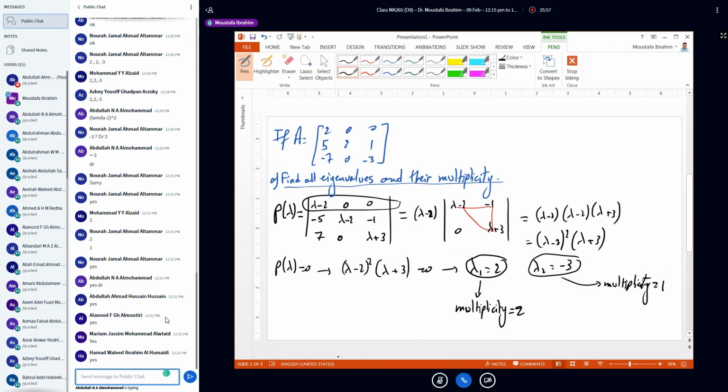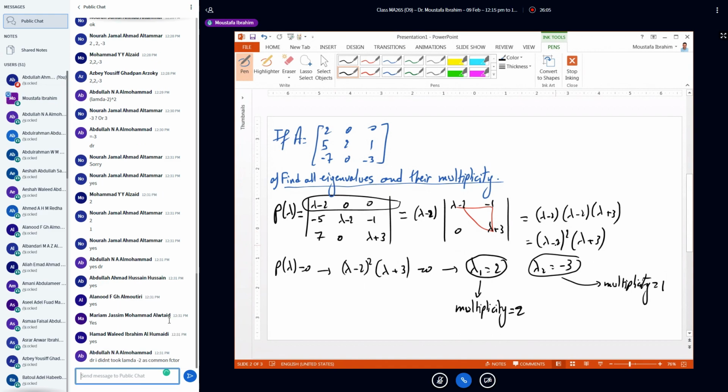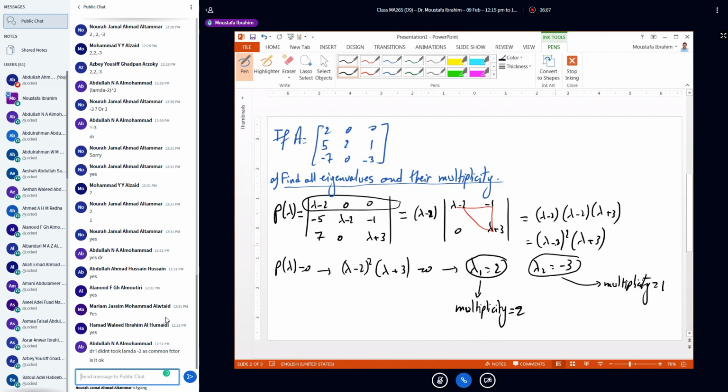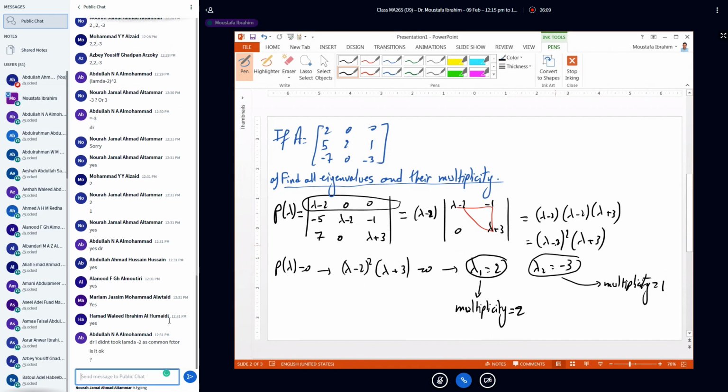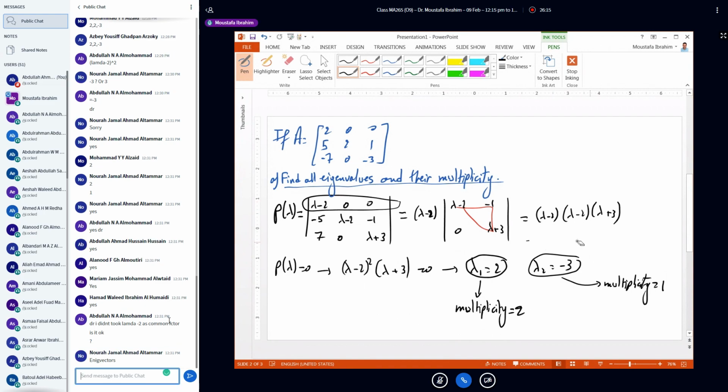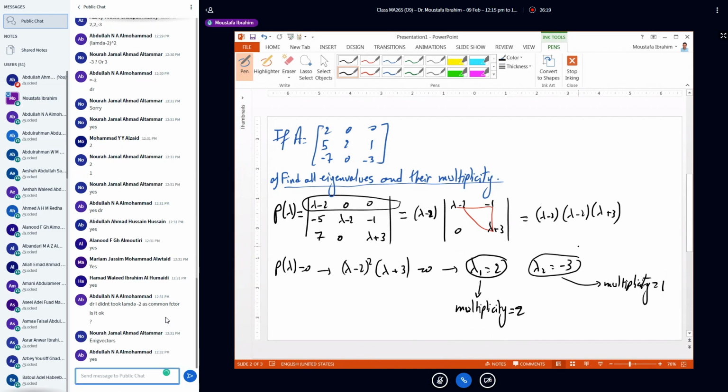Very good. Now, the matrix A is 3 by 3, but we have two eigenvalues. Is it diagonalizable? What should we do to know if it's diagonalizable? Yes, but the most important is to know the multiplicity. How many times is it repeated? 2 times.